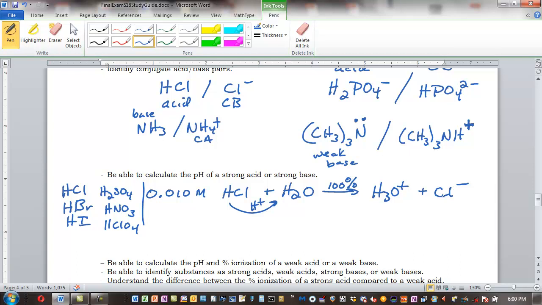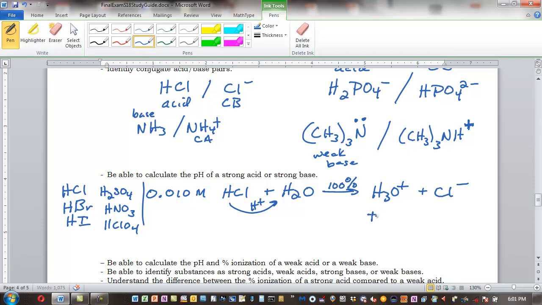Okay, so again, writing the reactions for this one isn't as important because if you know it ionizes completely, you don't have to do this much work. But what we assume for a strong acid is the equilibrium constant is so large. The equilibrium constant for HCl is about 1 × 10 to the positive 6. Okay, so it's very large, which means we're going to have mostly product. And so it's going to be so far to the right, we're just going to say, let's go all the way to the right. So if all of this reacts, 0.01 molar, how much product do we get?